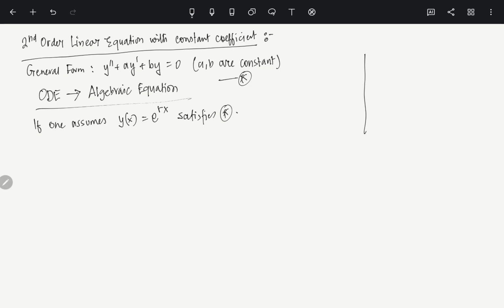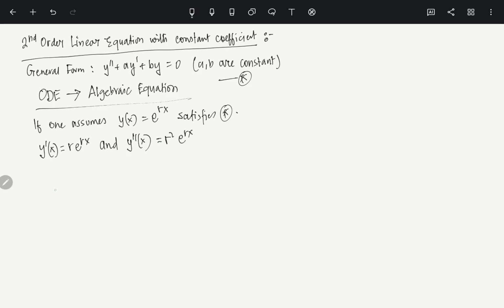What is the guarantee that something like this will happen? Basically, if we can find some r such that e power r x satisfies this equation, then we are done. If that happens, then y prime of x is r e power r x, and y double prime of x is r square e power r x.